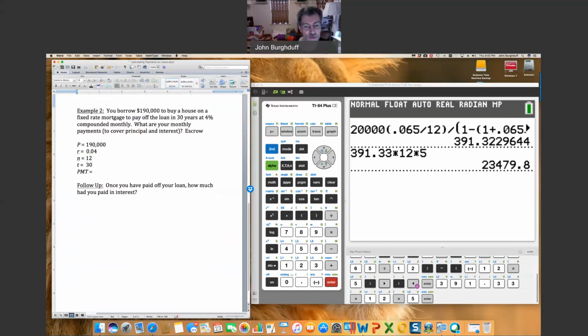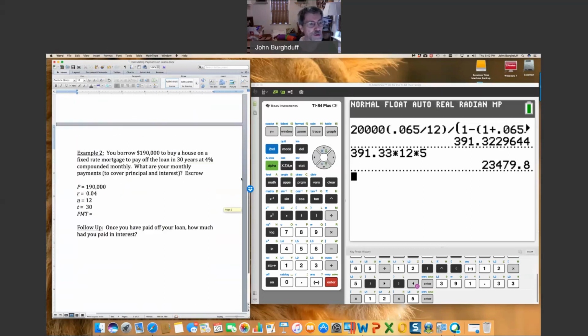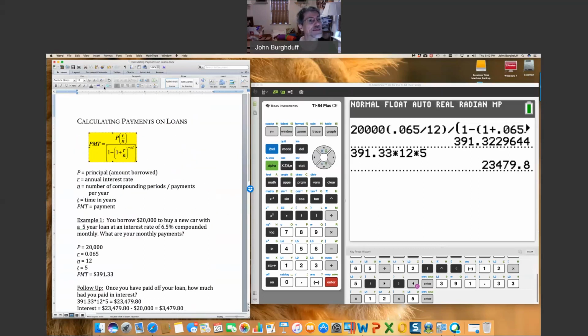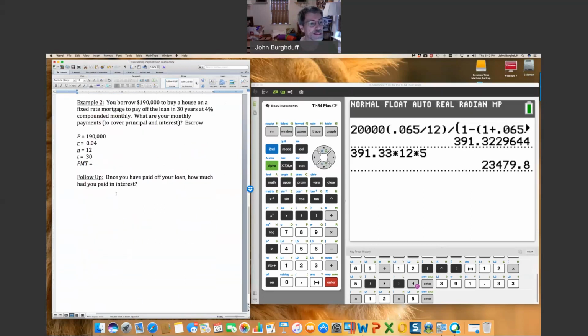Let me actually go grab the formula so we can have it close by to see it. Let me just copy it and paste it right here so we don't forget it. There. So let's enter this into our calculator and see what this is going to give us. And as you see, I've got a follow-up question for this one too.